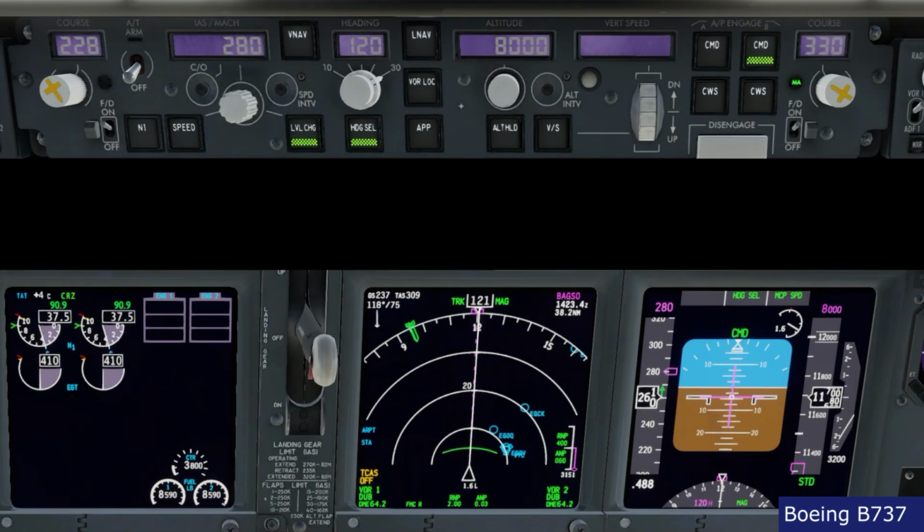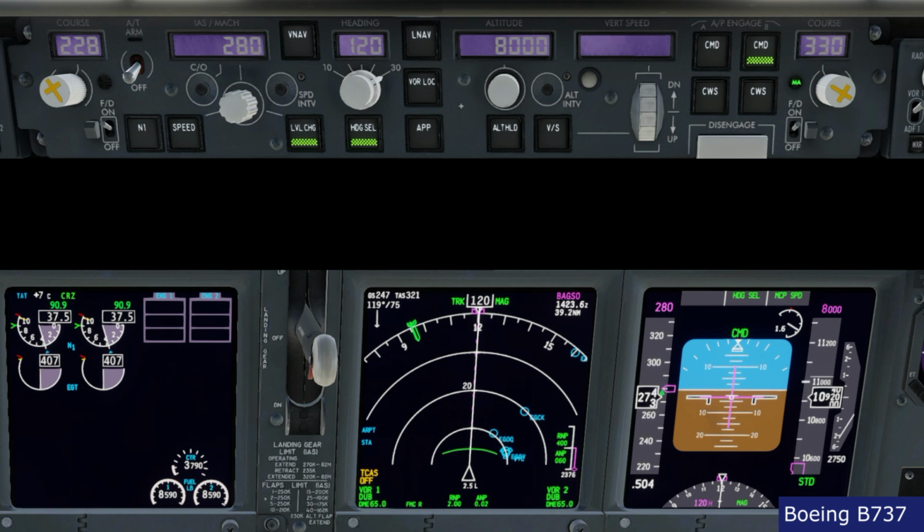Now you see that we have 3000 feet per minute. The speed is increasing, but as I reach the selected speed, of course, I don't need to trade altitude for speed anymore, so I just need to lose the altitude which is needed to maintain the speed. So the rate will slightly reduce now. You see, we're reaching 280 knots, it's going to stabilize around 2200 feet per minute, and that's a stable rate of descent.